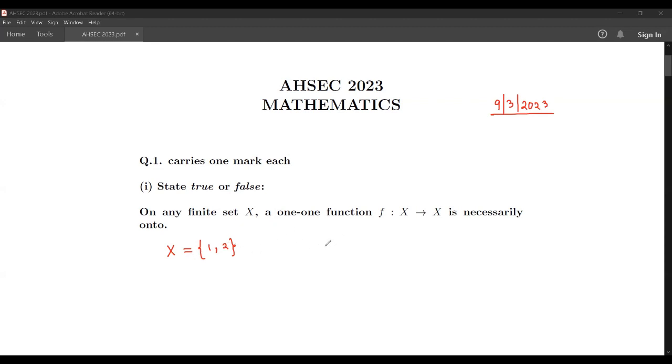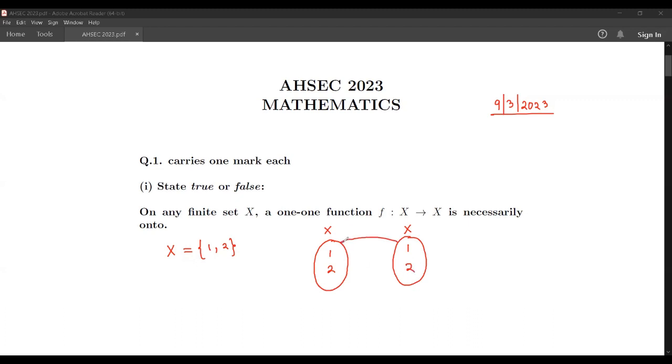If I explain it with the help of a figure, then it will be more clear to you. So suppose this is the domain. It contains 1 and 2. According to the question, the codomain and domain are the same, so the codomain will also be X. It will also contain 1 and 2.